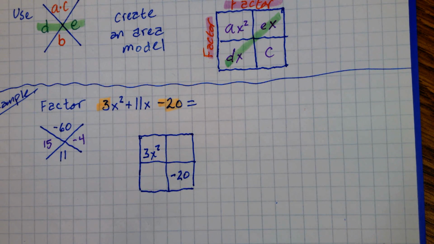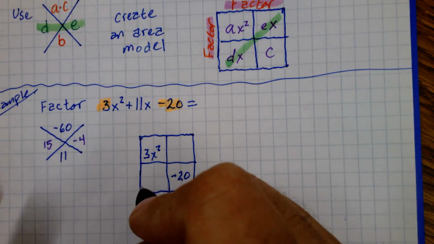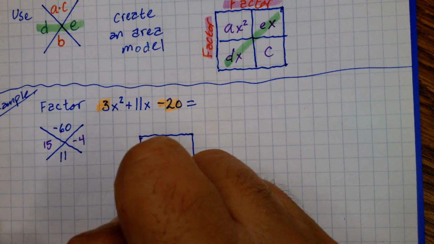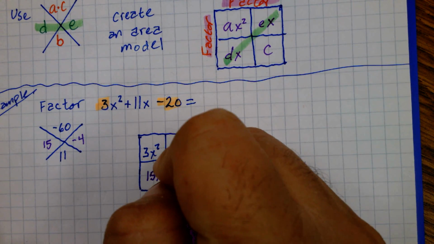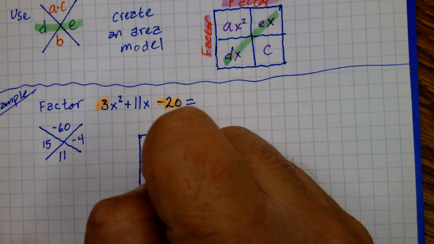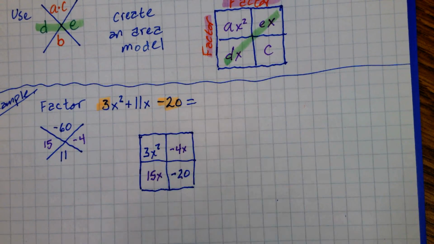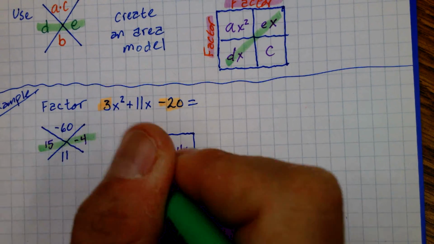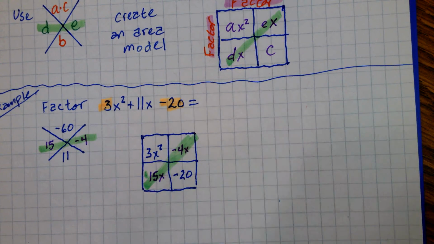And now on the diagonal, and it doesn't matter which order they go in, I'm going to put 15x here and negative 4x here. So it's these numbers here, right? But with the x part. They go here. And the diagonal, as you can see, is x.